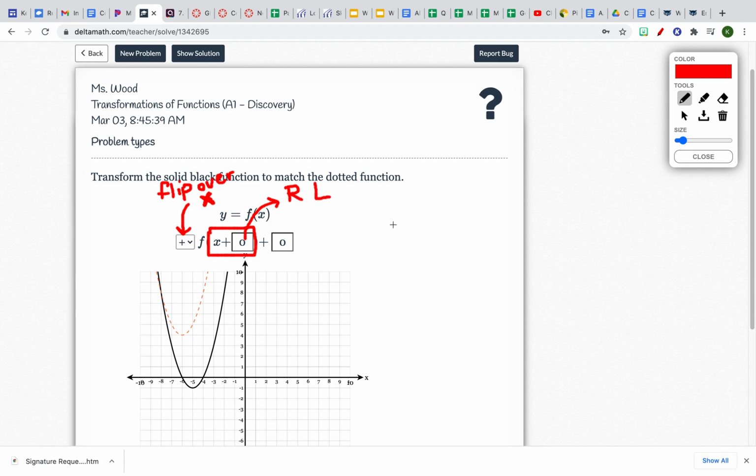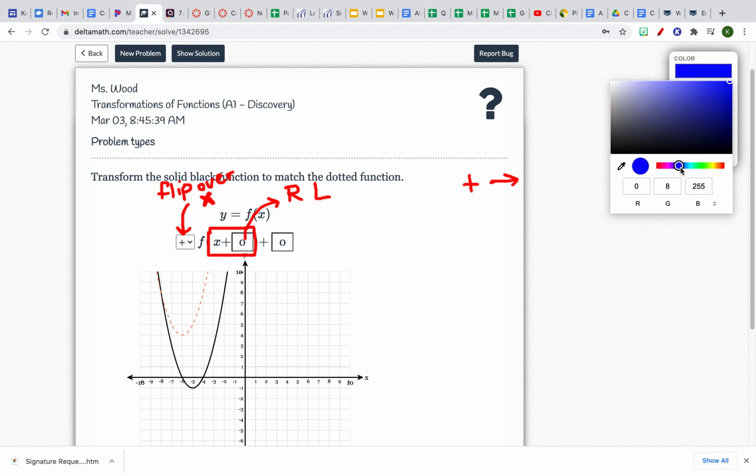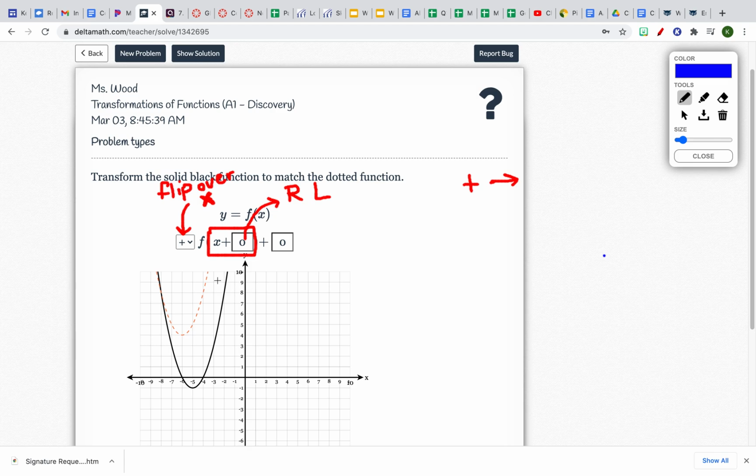But what we have to keep in mind is that it's the opposite. So normally, a positive 3 would move it to the right 3. But that is not the case for this particular placement. When it is inside here, it is the opposite.